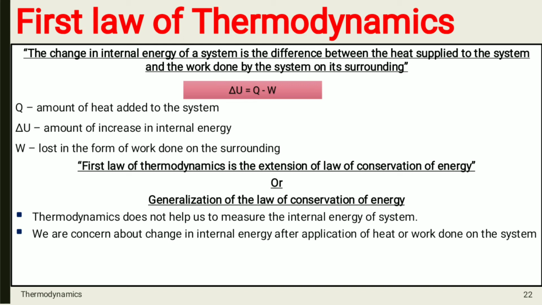the law of conservation of energy, or you can say a generalization of the law of conservation of energy. The first law of thermodynamics is the extension of the law of conservation of energy to systems which are not isolated. Not isolated means it can transfer its energy or matter with the surrounding.